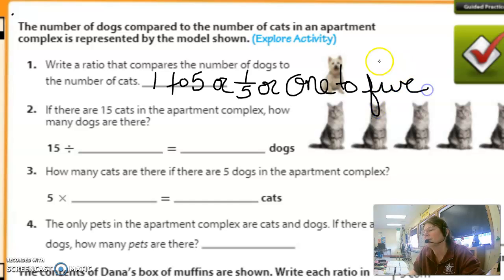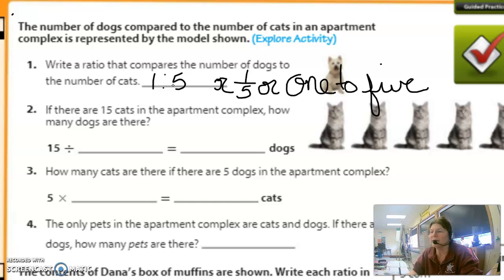You have 3 ways of writing a ratio. Keep that in mind. One other way, I forgot, I'm sorry, because I wrote it out. Let's do it right here, is 1 colon 5. Okay? So those are your ways to write out a ratio.